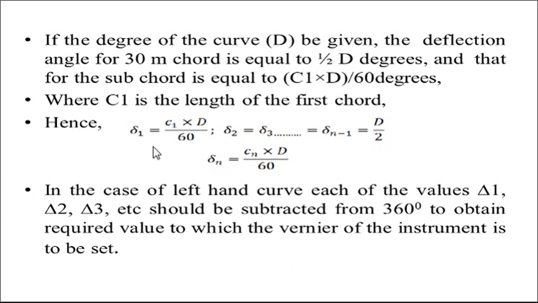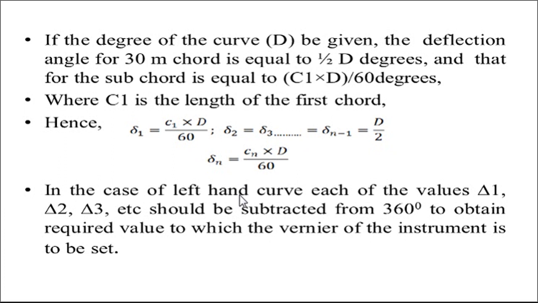Hence we can write small delta 1 is equal to C1, that is chord length, into degree of the curve given divided by 60, and hence small delta 2 is equal to delta 3 is equal to delta n minus 1 is equal to D divided by 2, whatever the degree of the curve given divided by 2, and hence delta n is equal to Cn into D divided by 60 degree.